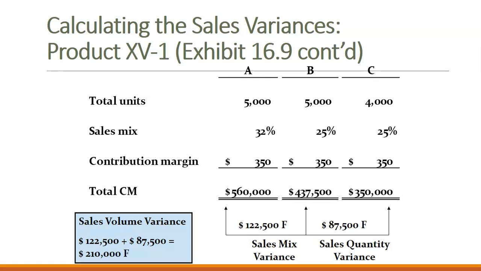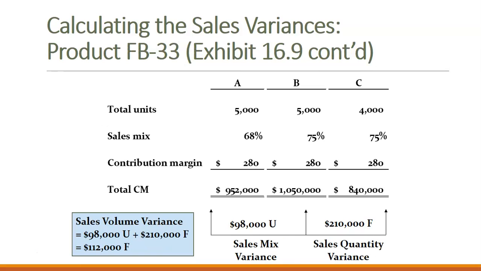The contribution margin is $350. Because we sold more of this product than we budgeted, we have favorable sales mix and sales quantity variances. However, that is offset by the fact that we budgeted to sell 75% of our second product and we actually only sold 68%. So we have an unfavorable sales mix variance for that product.